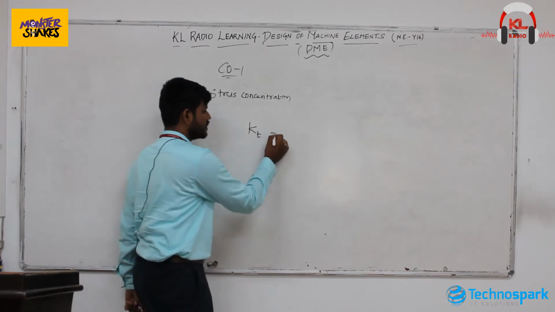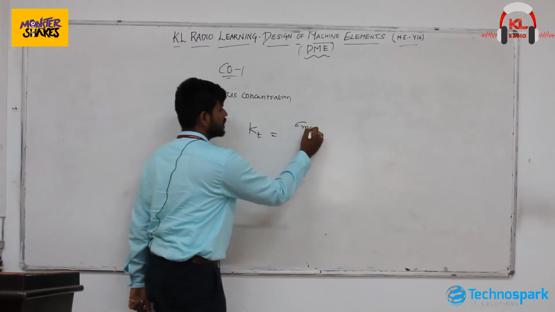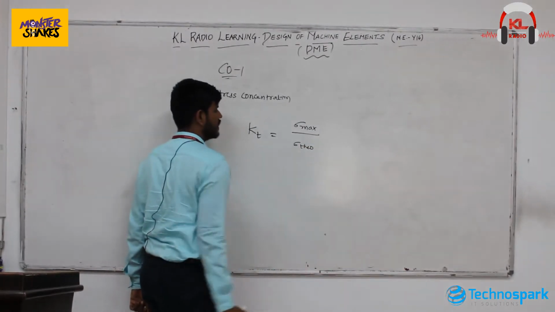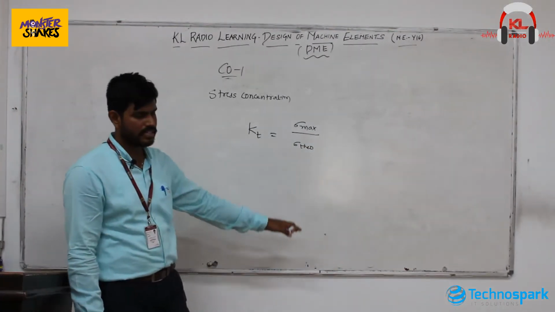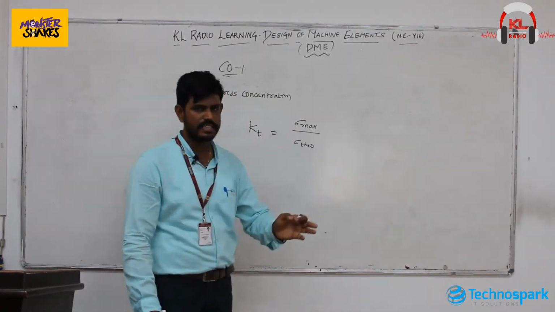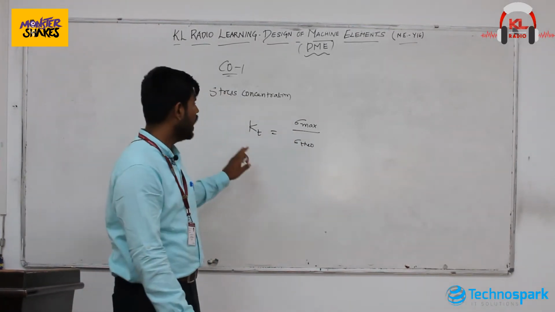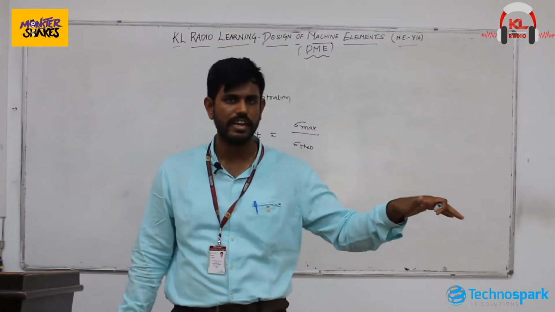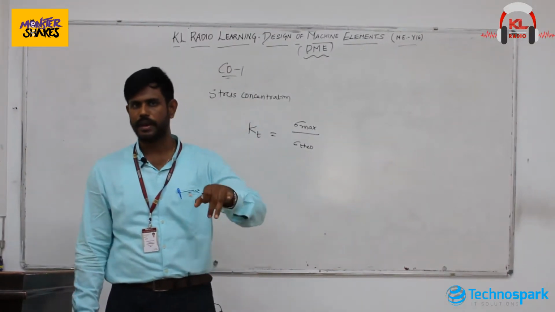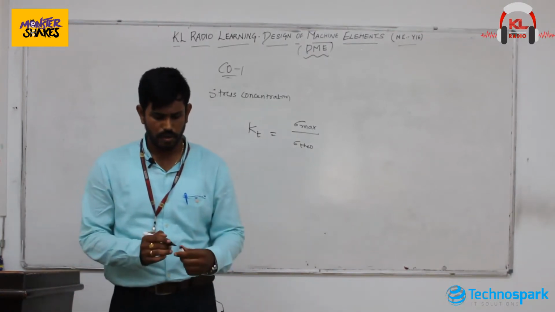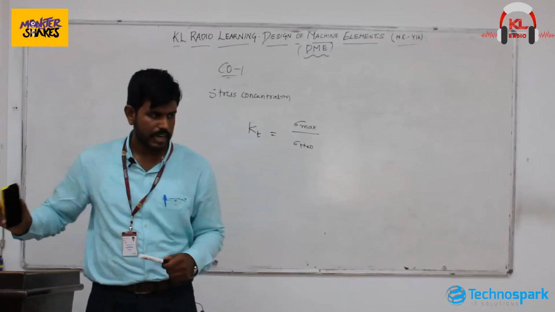It is the maximum stress divided by the theoretical stress. The theoretical stress is the stress you have found using your formulas, and the maximum stress is the stress that is developed with the stress concentration. You can find Kt in your data book depending upon the type of the machine element and the type of the loading.